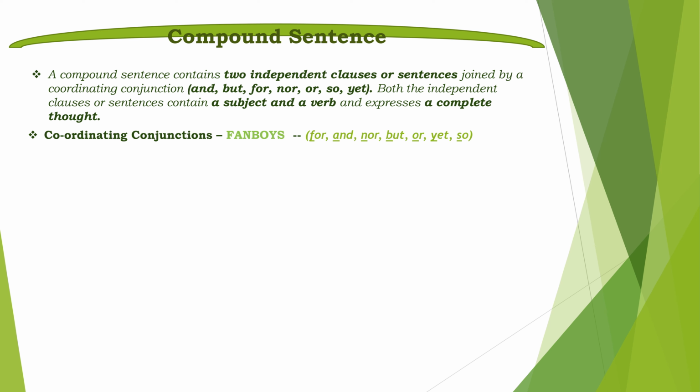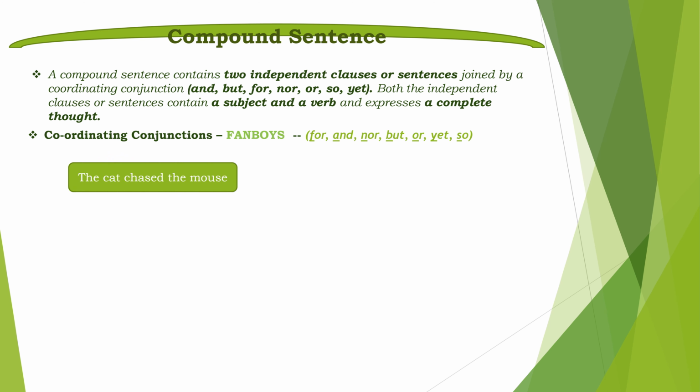In the first example, we will have a look at a compound predicate where we do not use a comma. The second example is an example of a compound sentence where we use a comma. Let's get started. Let's have a look at the first example.